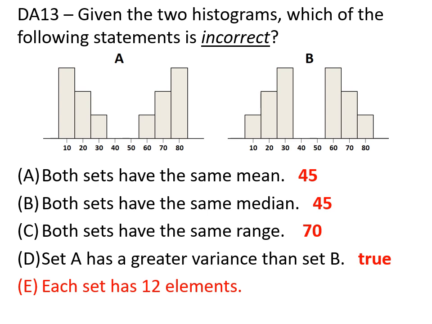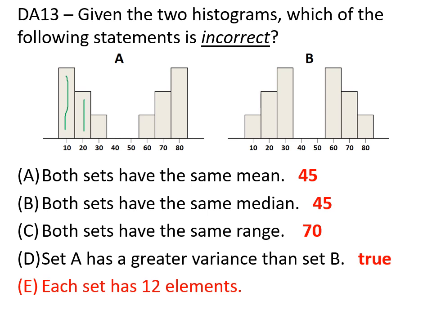But in this case, we do. This is not your typical histogram. These histograms are centered on particular values. So the values in this bar are all 10, the values in this bar are all 20. So we can say for sure that the mean is 45, the median is also 45. We know exactly what the range is in both of them, 80 minus 10, which is 70.